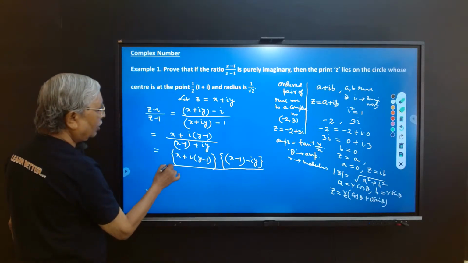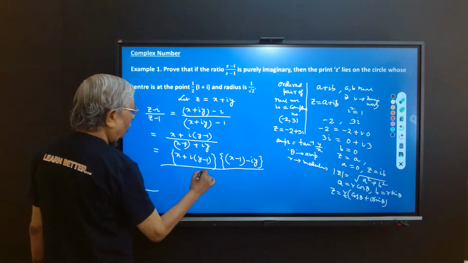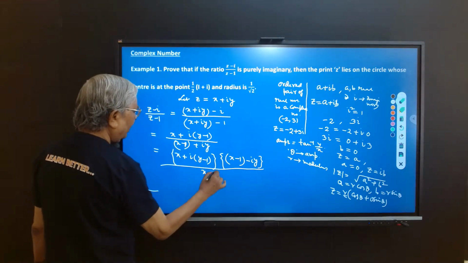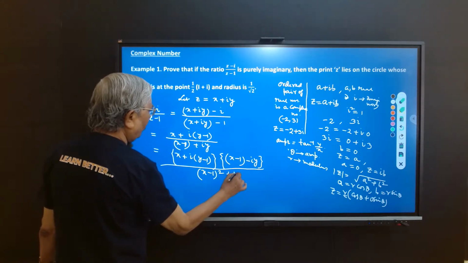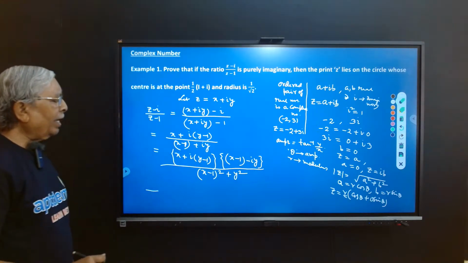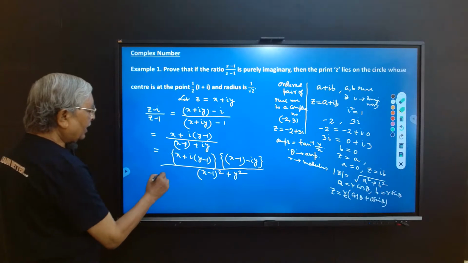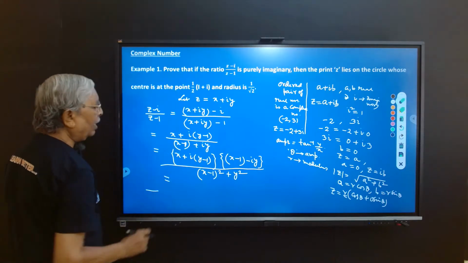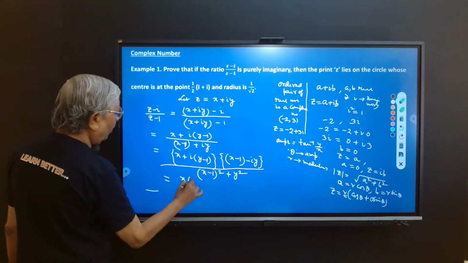So as to put the denominator in the form a square minus b square, you can write this as (x minus 1) whole square plus y square, because i square equals minus 1. Now collect the real part. Multiply x with (x minus 1), this is one real part.